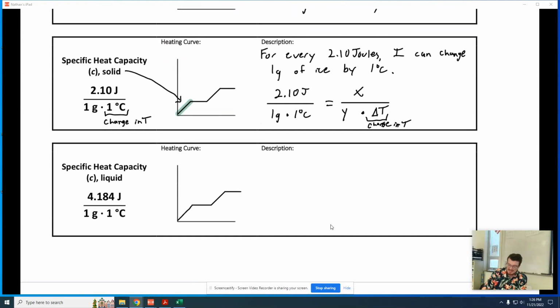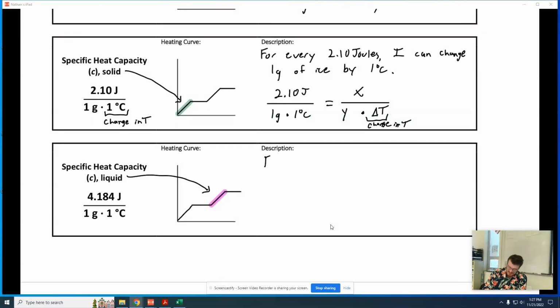Finally, this last bit here is our specific heat capacity for liquid water. Surprise, surprise, we're going to use that when we have a liquid, which is this section of our heating curve that I've highlighted in pink. Again, we have joules, grams, and degrees Celsius, so the amount of energy depends on both the mass and the change in temperature.